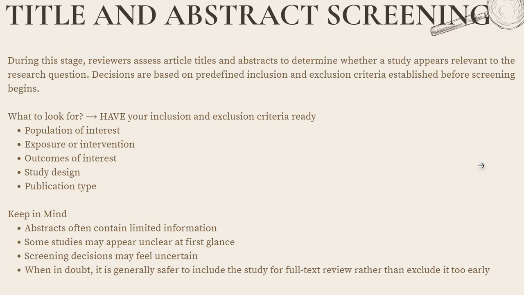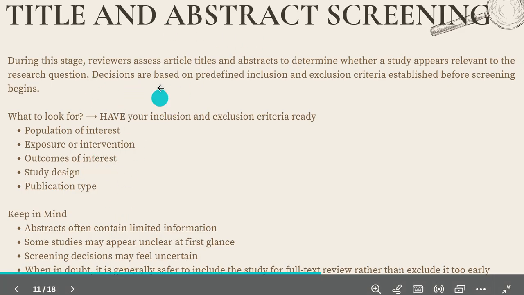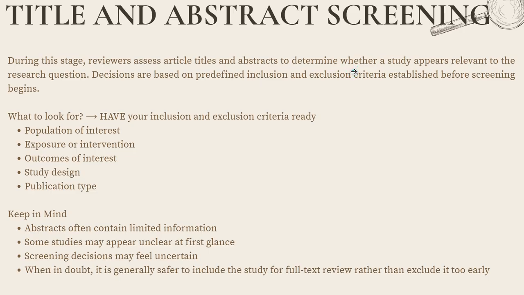And as the video said, the first stage, as we already talked about, is a repetition of everything that the video and I said over the last page. But a couple of things to keep in mind. Sometimes when you are in the title and abstract screening phase, the abstract in itself contains a limited amount of information. So you don't get to make a clear decision at first glance, and it's completely okay.